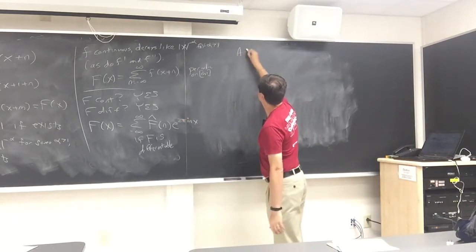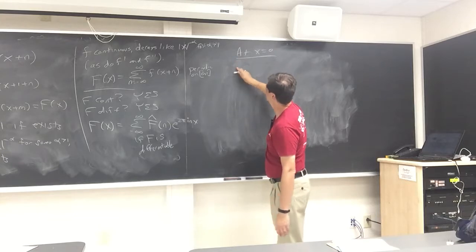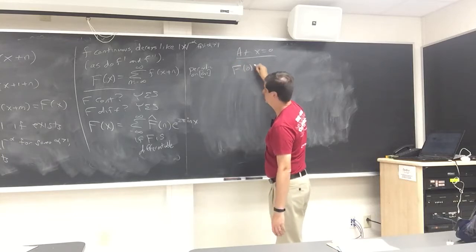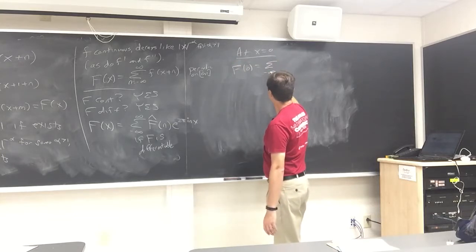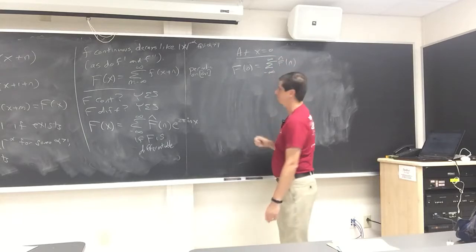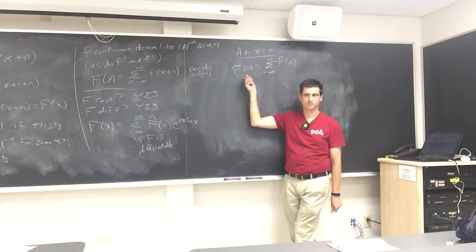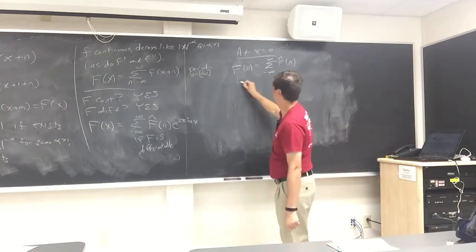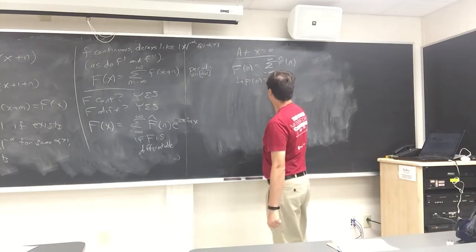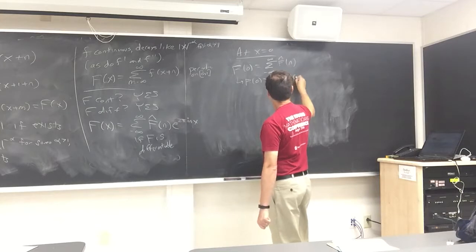So at x equals 0, we get this. We get f of 0 is the sum, negative infinity to infinity, of f hat of n. Well, we know what f of 0 is. F of 0 is just the sum, and goes from minus infinity to infinity, of f of n.